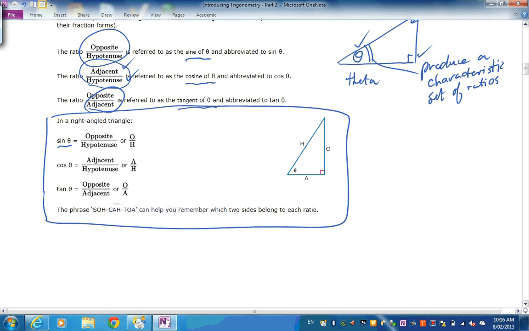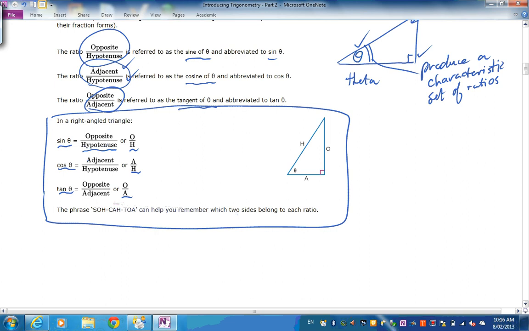These are the words that we use to say that we're looking at the ratio of, in sine, the opposite over the hypotenuse. We abbreviate that to sin, we leave off the E, and it's O over H. The cos of an angle or cosine is the adjacent over the hypotenuse, and the tangent, abbreviated to tan, is the opposite over adjacent.